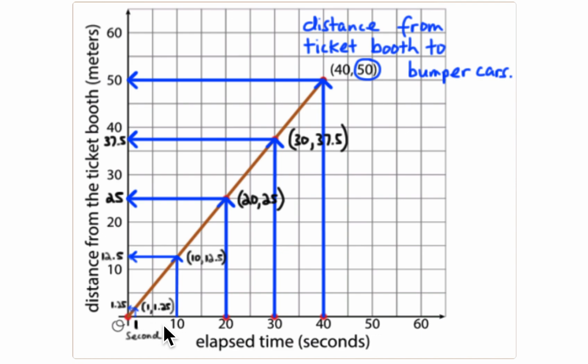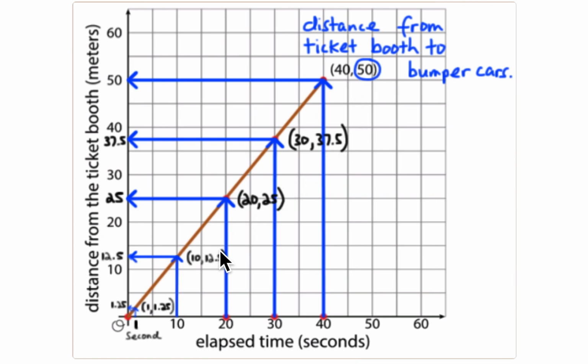So these points are labeled, the x coordinate is labeled first, then the y coordinate. So this is 1 and 1 25/100, 10 and 12 and 5/10, 20 and 25, 30 and 37 and 5/10, and 40 and 50 meters.